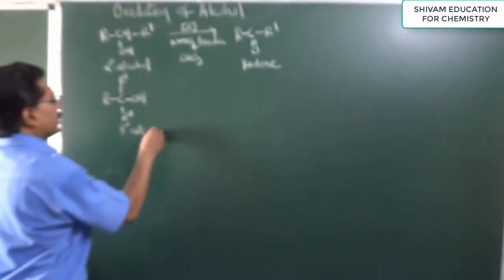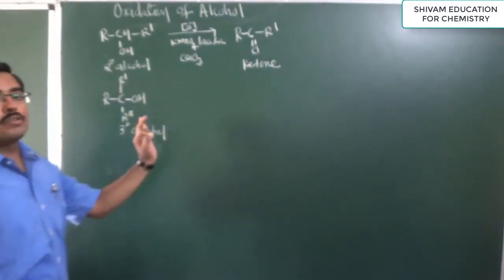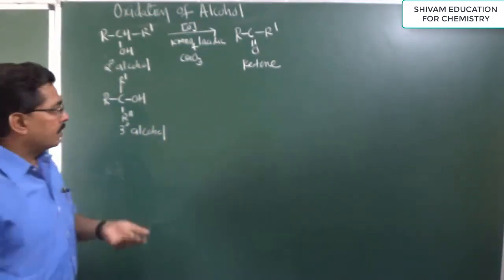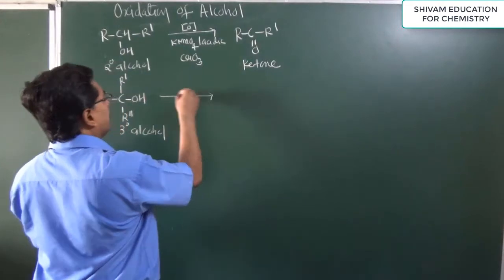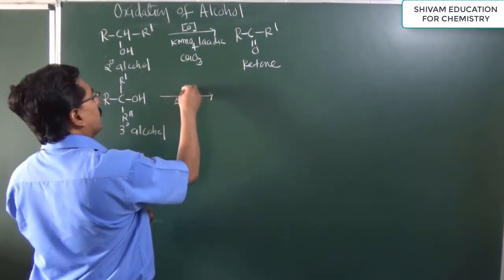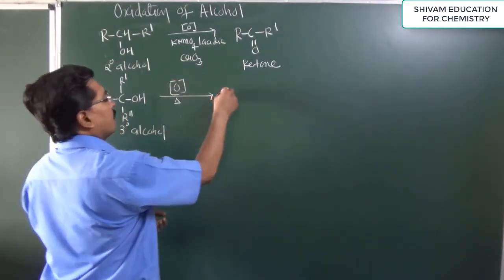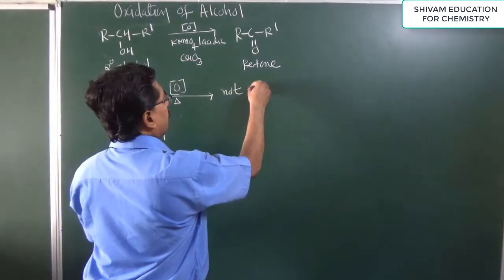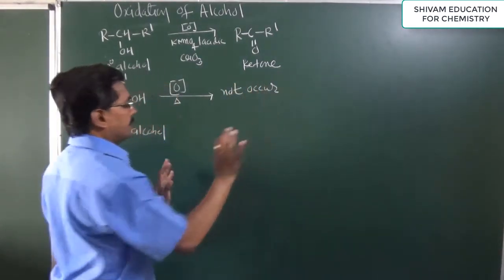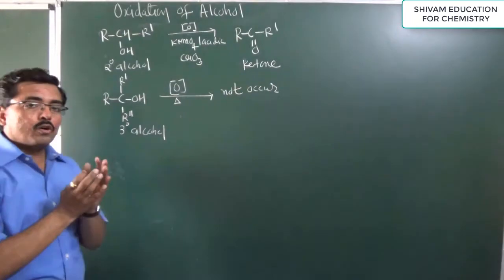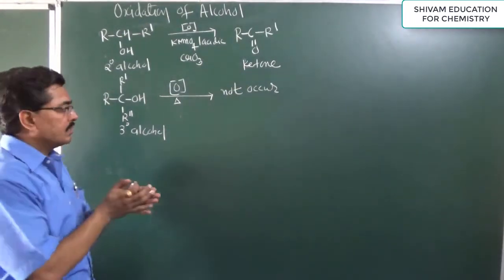A tertiary alcohol does not have a hydrogen atom on the carbon bearing the OH group. Therefore, in normal conditions, at normal temperature and pressure, oxidation of a tertiary alcohol does not occur.